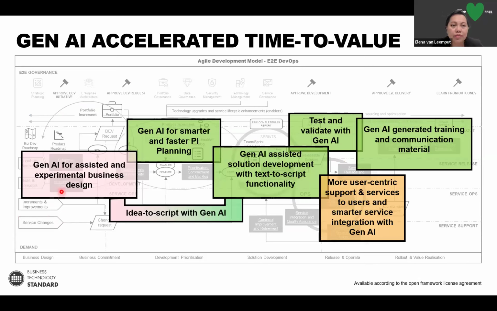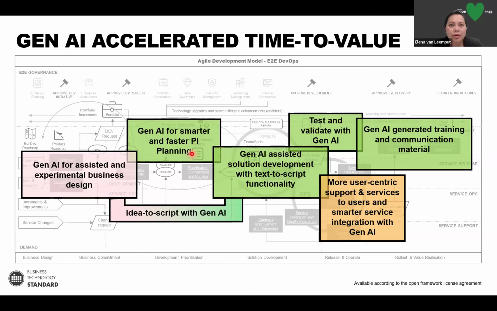During the demand phase, we can have generative AI assisted and experimented based on business design. So here we have created something, for example, a consolidation for features and epics, how business is essentially guided to create those different epics in order for it to be more efficiently inputted to the development flow. And PI planning is more understandable, everyone will have consistency and so on.